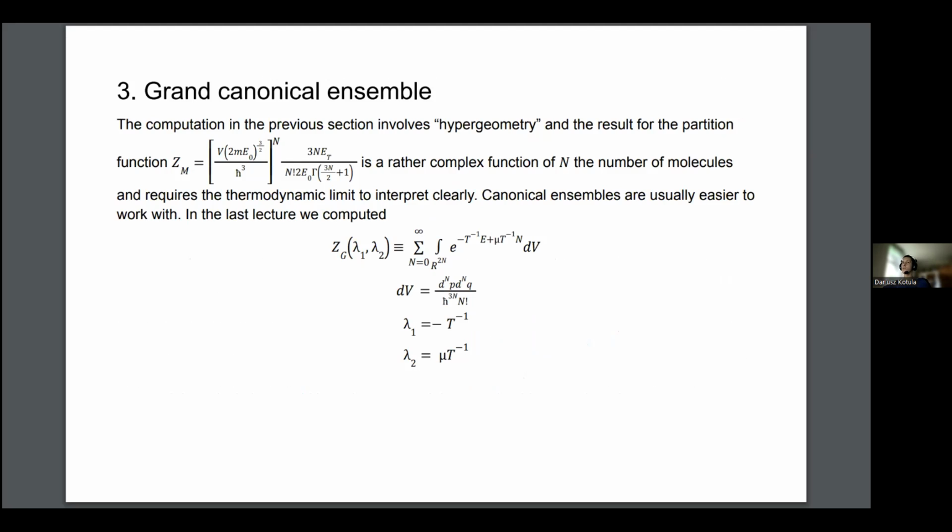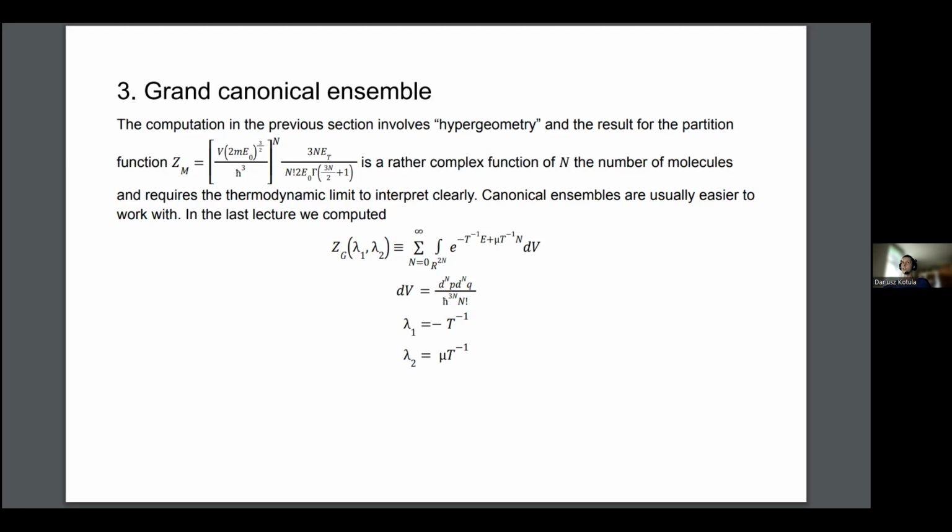In the last lecture, we computed the partition function Zg of lambda 1 and lambda 2 that is identical to the sum from n equals 0 to infinity of the integral over R to the 2n of exponential of minus temperature T to the minus 1 times the energy E plus mu times temperature T to the minus 1 times the number of molecules n, dV.